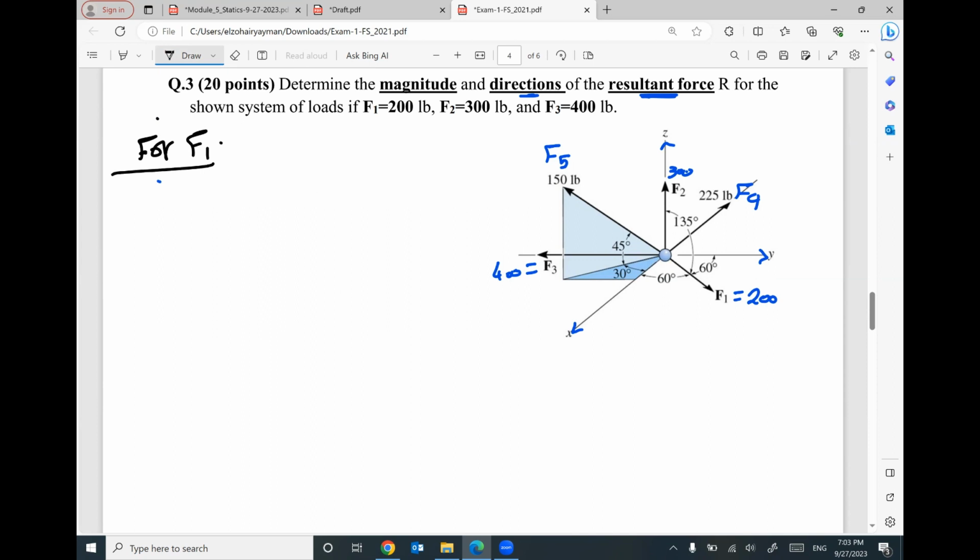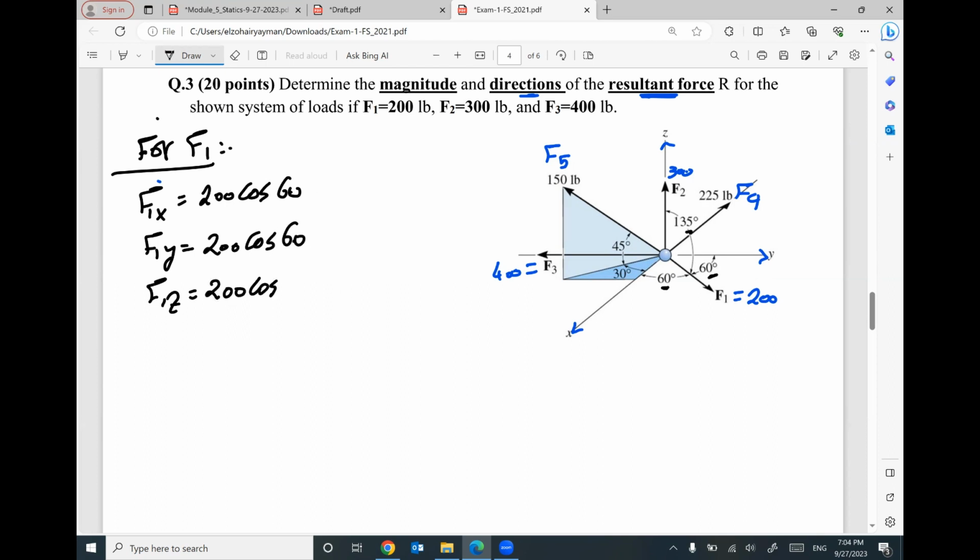F1 is given with 3 angles: 60 degrees, 60 degrees, and 135. So F1 in X, F1 in Y, F1 in Z will be 200 cosine alpha, 200 cosine beta, 200 cosine gamma, all of them cosine.